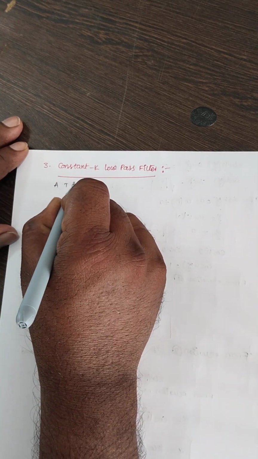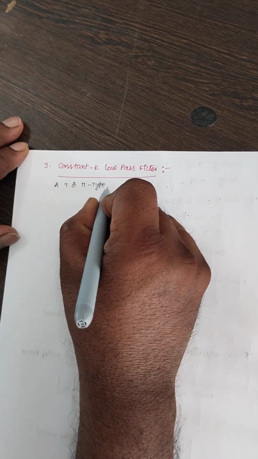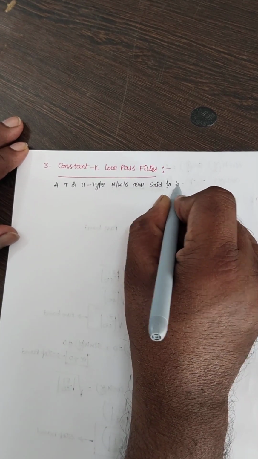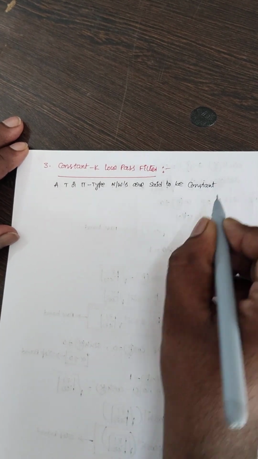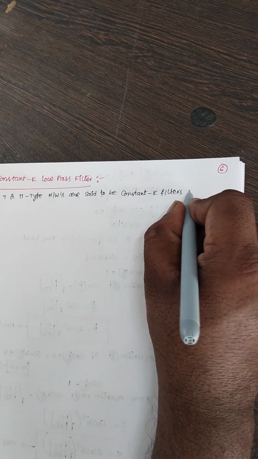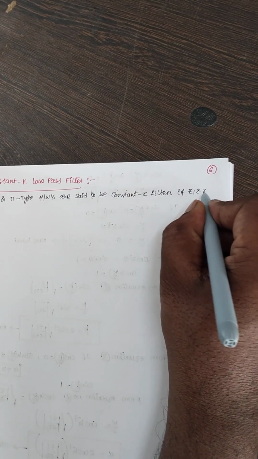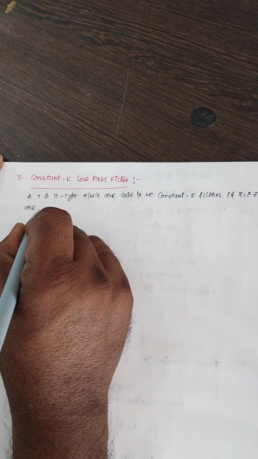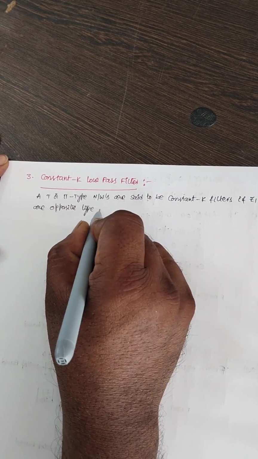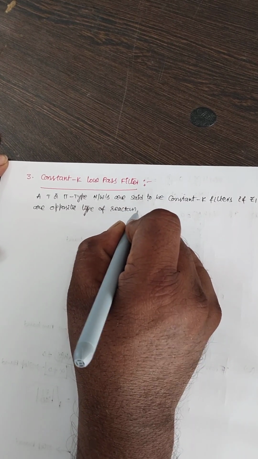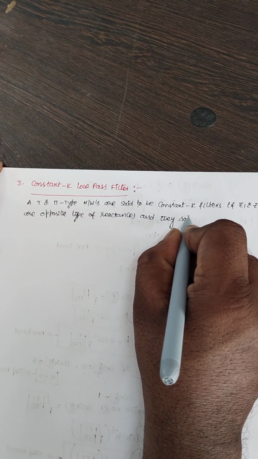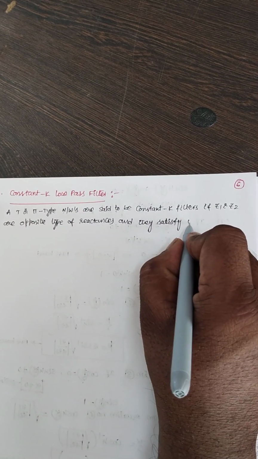A T or pi type networks are said to be constant K filters if Z1 and Z2 are opposite type of reactances and they satisfy the following relation.